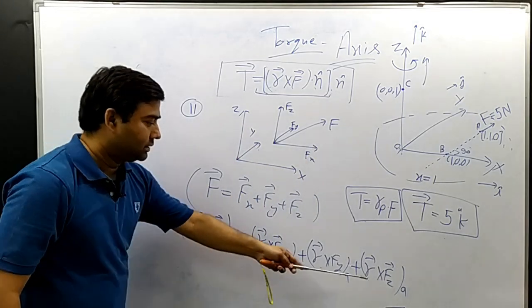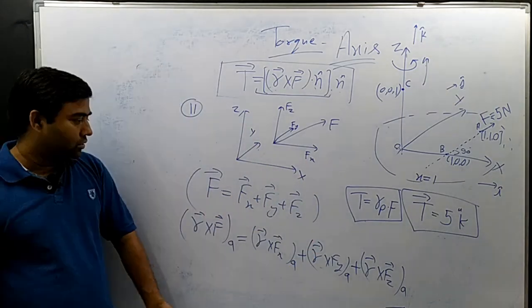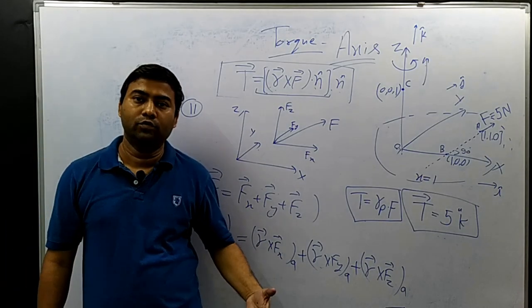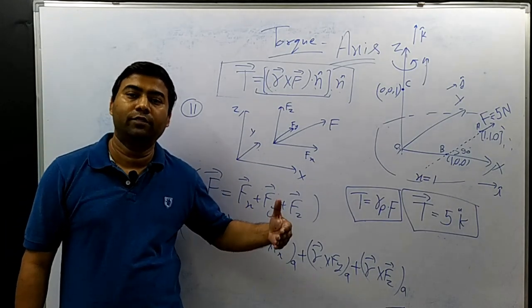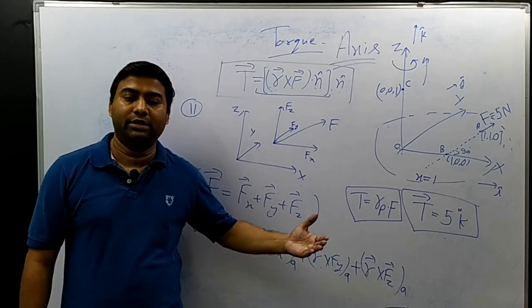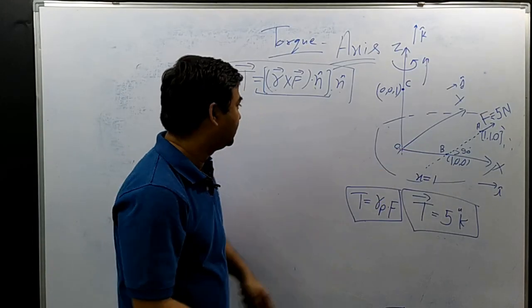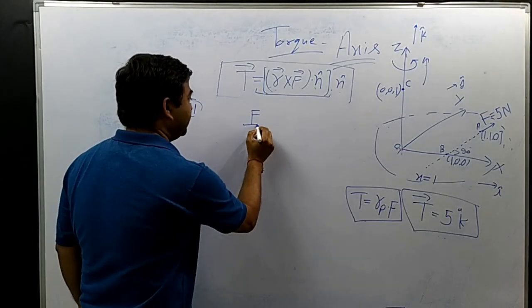So this is called Varignon's theorem: the torque of a force is equal to the sum of the torques of its components about the same axis or point. So in this case, F is given.